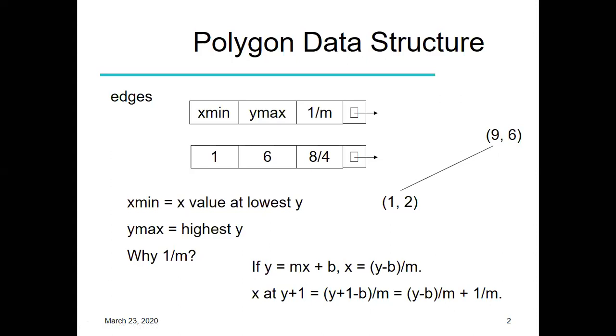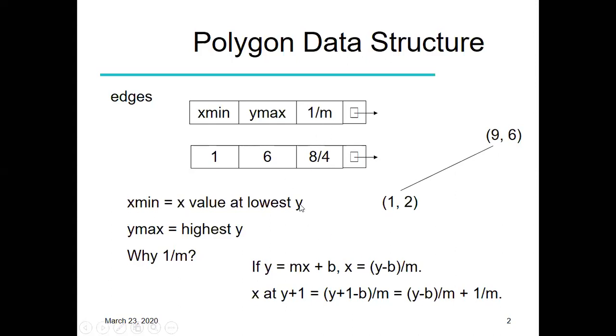If you ask why 1 by m: consider y is equal to mx plus c, so x becomes y minus c by m. The x at the next edge, that is y plus 1, you substitute y plus 1 instead of y, and you get y minus c by m plus the constant 1 by m. That's the reason 1 by m comes here.